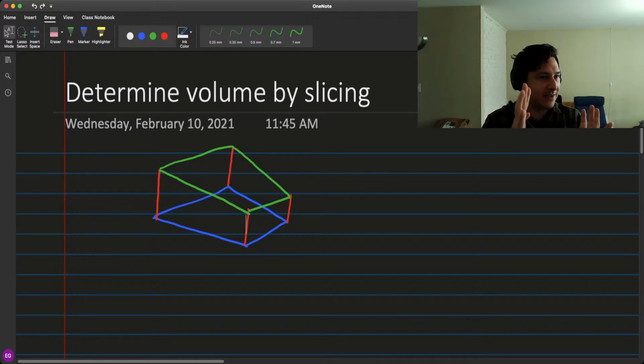Hopefully that comes across. Okay, so this is a three-dimensional region. It has volume.